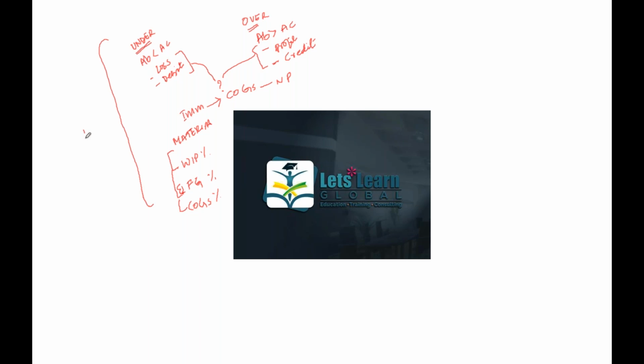The second point we discussed was the calculation of predetermined overhead. You budget the overheads for one particular period, either a year or a month, divided by the quantity.